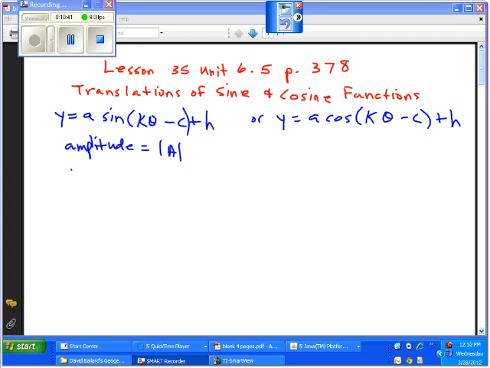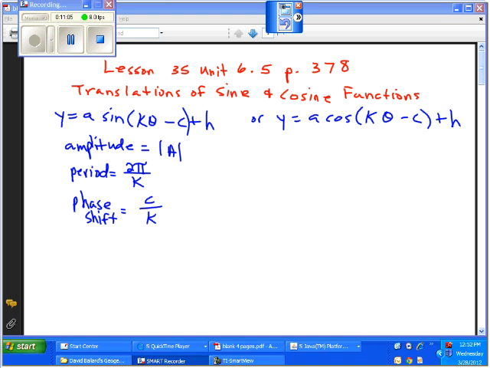What about period? 2 pi over k. These rules apply to both sine and cosine. What about phase shift? Phase shift is c over k.